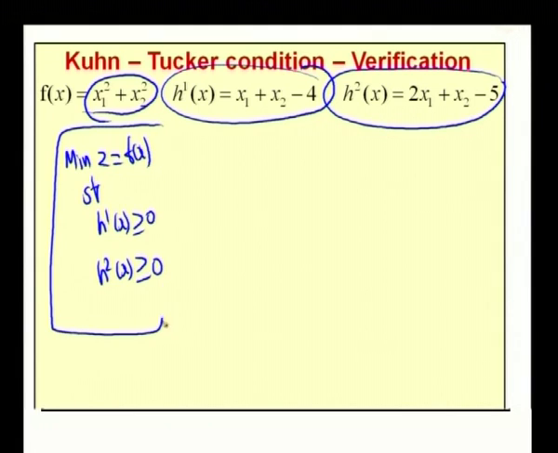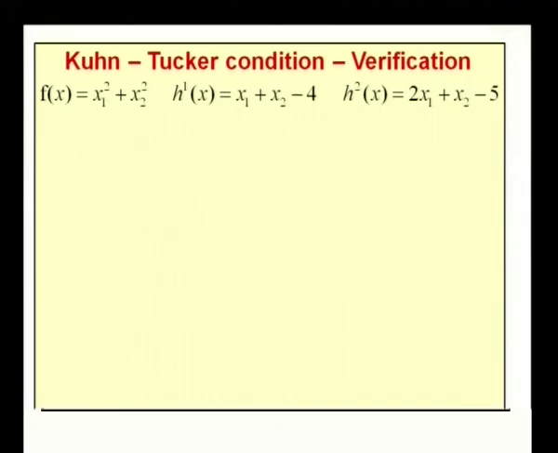So, the given problem is nothing but minimum z equal to f of x subject to the constraints h1 of x greater than or equal to 0, h2 of x greater than or equal to 0, and x1, x2 greater than or equal to 0. Now, we have to verify the Kuhn-Tucker conditions for the given problem. For that, the first Kuhn-Tucker condition is f1 minus lambda 1 h1 minus lambda 2 h2 equal to 0.